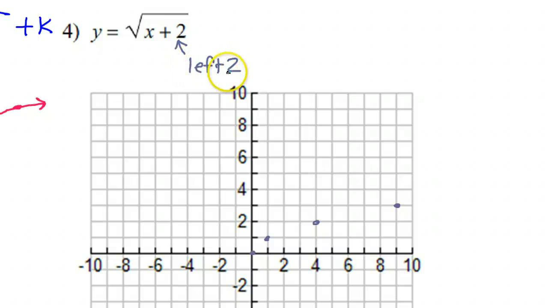And now we will go left 2. So if I go left 2, I will start here, and then I can still do the 1, 3, 5 pattern.